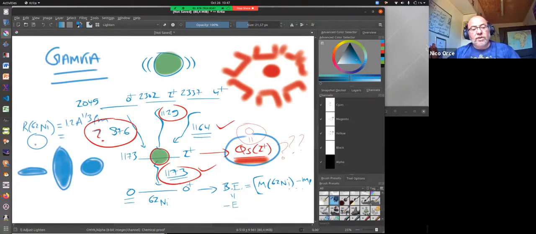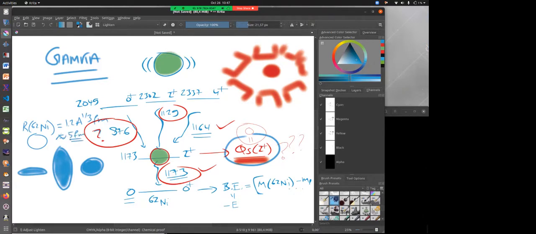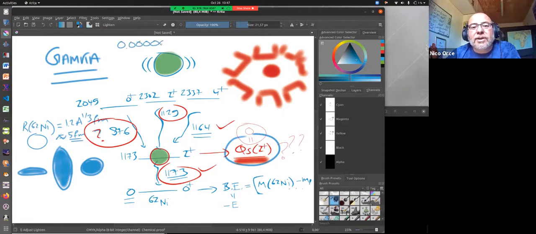Imagine almost 5, about 5 Fermi. And 5 Fermi is 10 to the minus 15 meters, so 0.000000000000005 meters, 14 zeros after the decimal point.